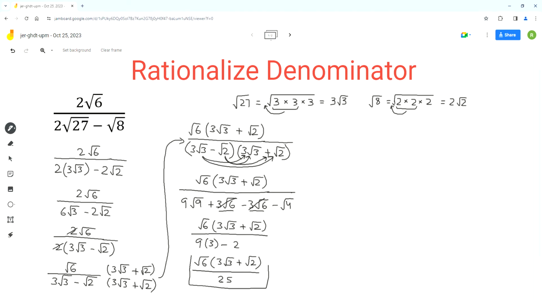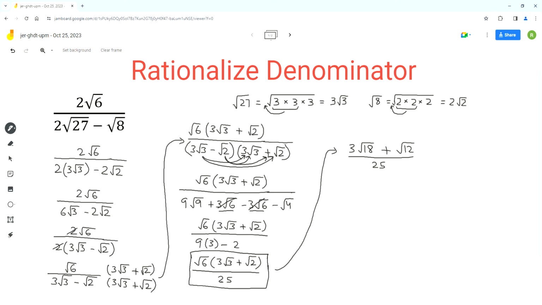Now if you want to distribute the square root 6 in the numerator, then we get, so we distribute square root 6 into these two terms in the parentheses. So square root of 6 times 3 square root 3 would be 3 square root 18, and then plus square root of, now we do 6 times 2, which is 12 over 25.